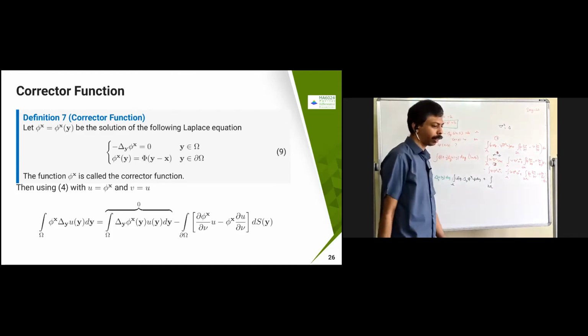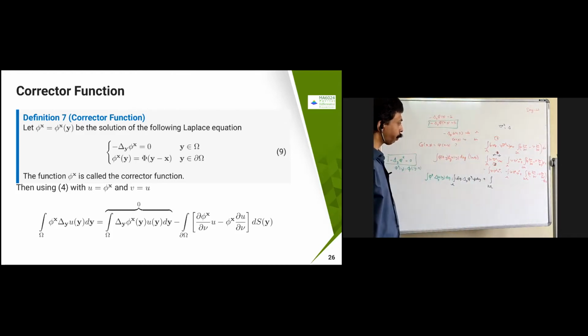So therefore, what we are going to get is that, I'm just interchanging that, a minus is there, so I'm just going to interchange that.